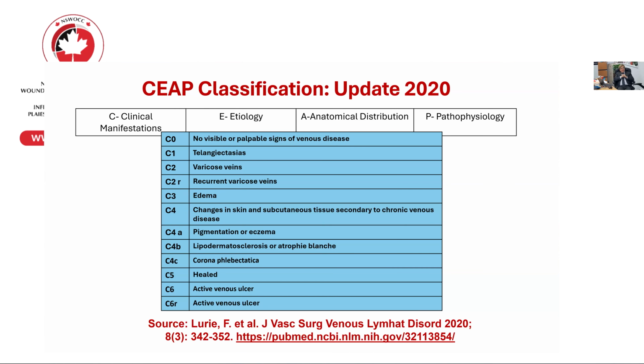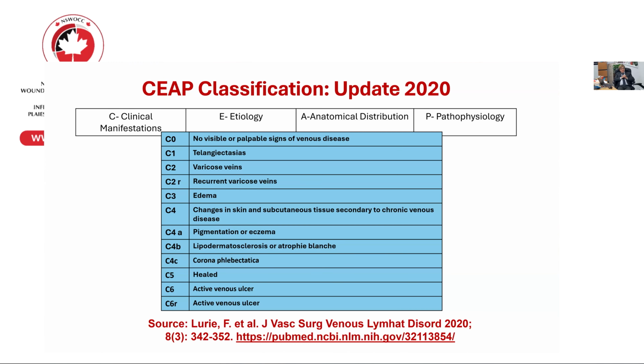Telangiectasia are thread-like vessels, C1. Bigger varicose veins are C2. Bigger veins that are recurrent after some treatment, like sclerosing solutions or using, if you like, an electric current or actually stripping the veins. And they do come back.